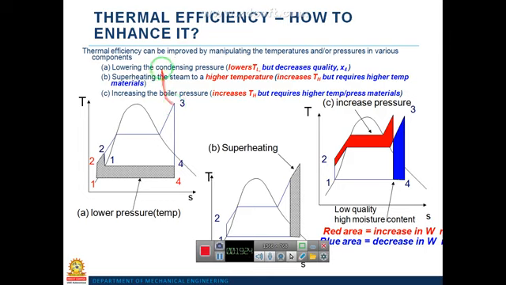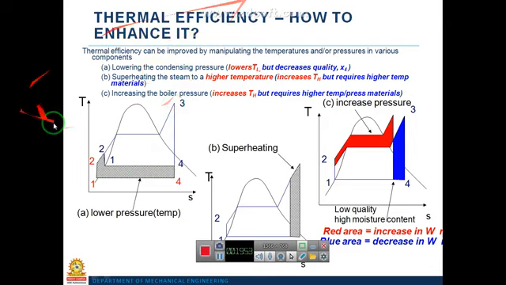Thermal efficiency can be improved by manipulating temperatures or pressures in the various components. First, lowering the condenser pressure improves the thermal efficiency. Second, superheating the steam to a high temperature before entering the turbine. Third, increasing the boiler pressure.